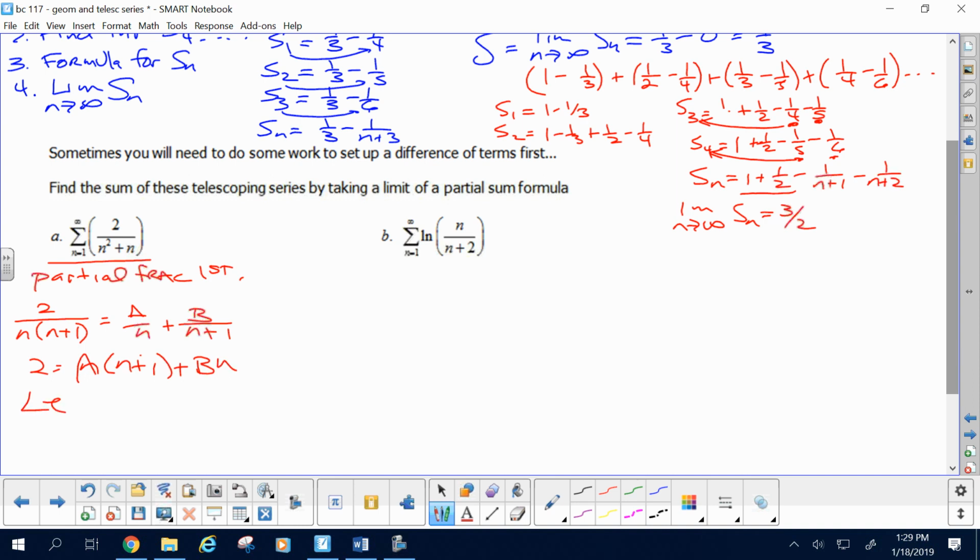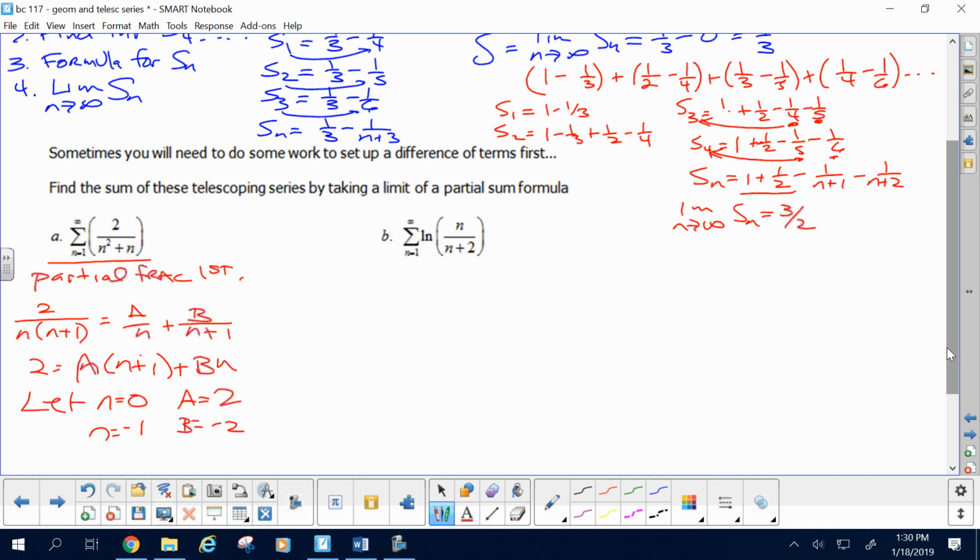Let n equal, what do you want to let n equal? 0. 0, okay, and negative 1 I heard, that's true also. Let n equal 0, and I get that a is 2. And n equals negative 1 means b is negative 2, yes, that's true.